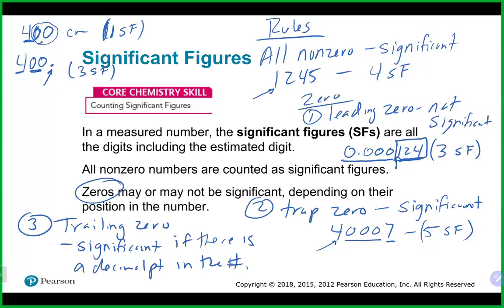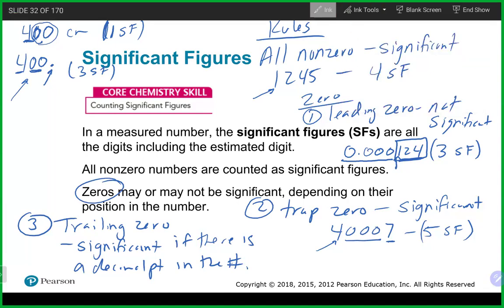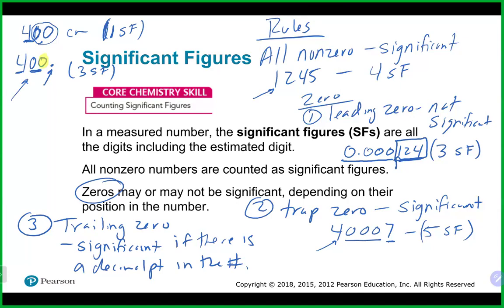The uncertain number, by the way, in the bottom one, which number is the uncertain number? It is the last 0 here. Where is the uncertain number in the first one, the 400 with no decimal point? The uncertain number is this one. And this is what I was talking about earlier.